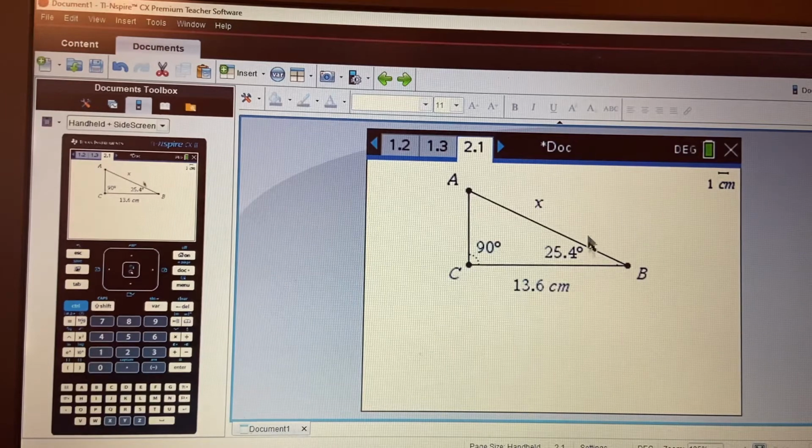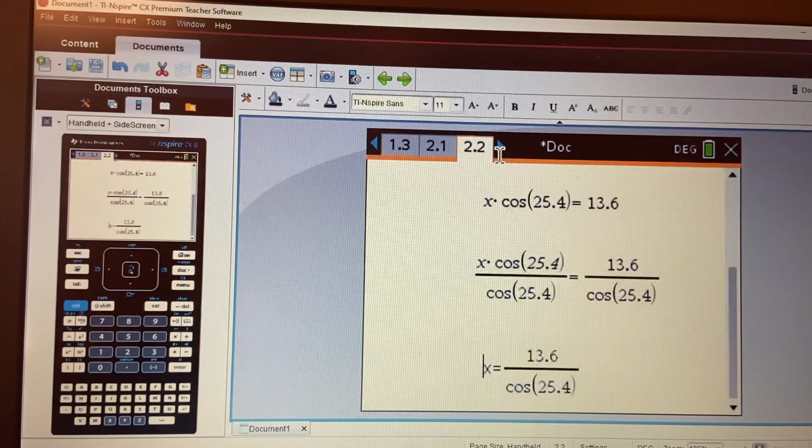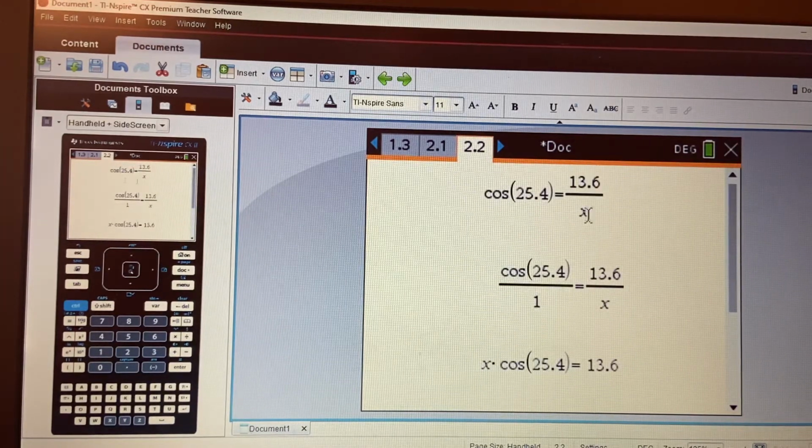So the equation we're going to set up is cosine of 25.4 equals 13.6 over our hypotenuse, which is x. So our equation is going to look like this right here. Cosine of 25.4 equals 13.6 over x.